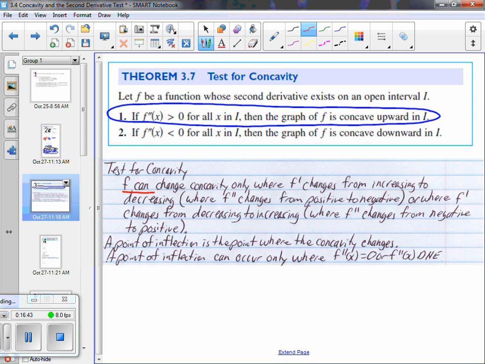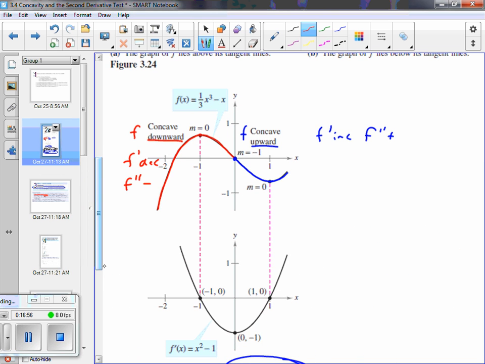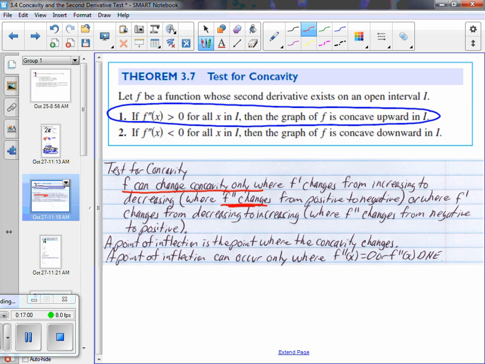So F can change concavity only where F double prime changes signs. And that's what you guys told me, I don't know, here somewhere. I guess it was here, wasn't it? You guys told me that. So the graph of your original function, f, can only change concavity where the second derivative changes signs.